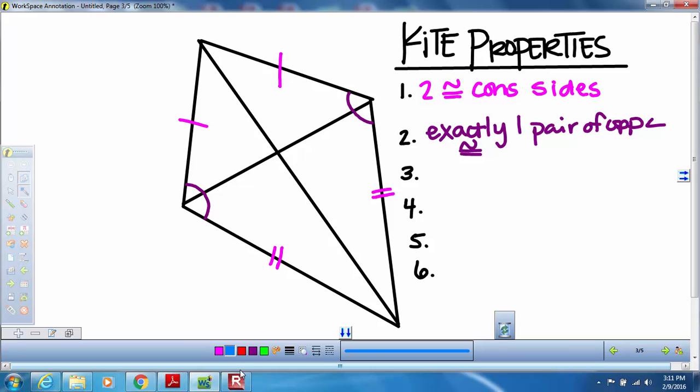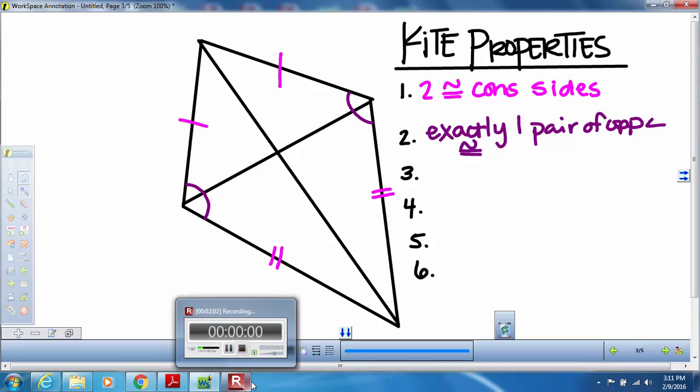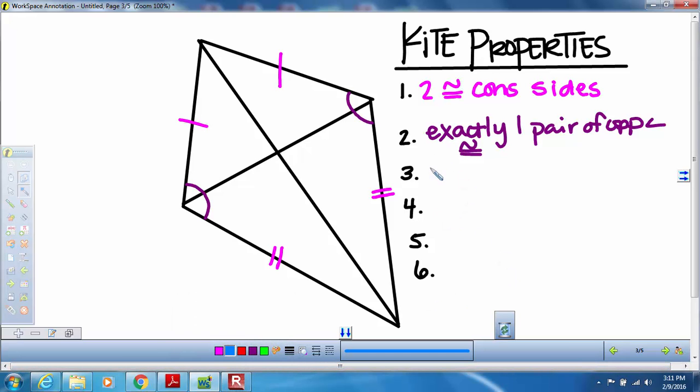The third property that a kite holds is that their diagonals form 90 degrees. So at each of these we would draw our 90-degree angles. The fourth property that a kite holds is that 1 diagonal is bisected.